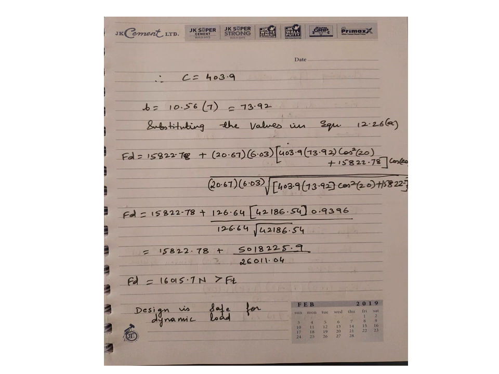Ft is 15,822.78. Substituting the values, we get Fd equal to 16,015.7, which is greater than Ft. Hence, the design is safe for dynamic load.